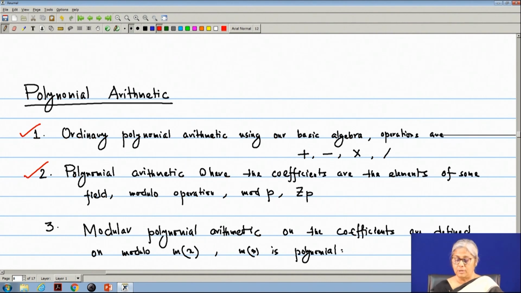These two things we have done, and in our next lecture we will study the third one, modular polynomial arithmetic, where the divisor can itself be treated as a variable and we can take modulo m(x). We will see whether they form a field and what the application areas are, and why this polynomial arithmetic and finite fields are important, in our next lectures.